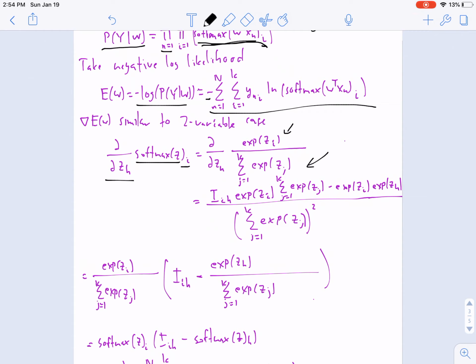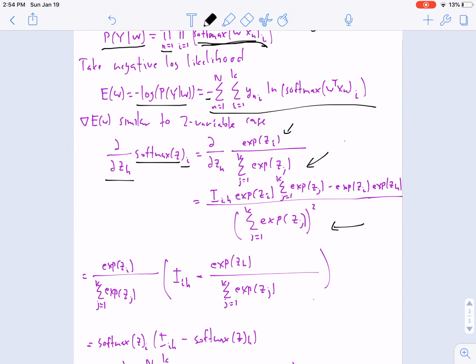And so now we apply derivative rules, right? We take the denominator and we square it, and then we put that on the bottom. And then we have two terms on the top. First, we have the derivative of the denominator times the numerator, and then the denominator times the derivative of the numerator.